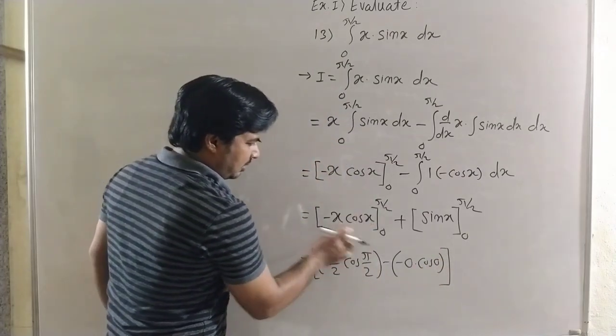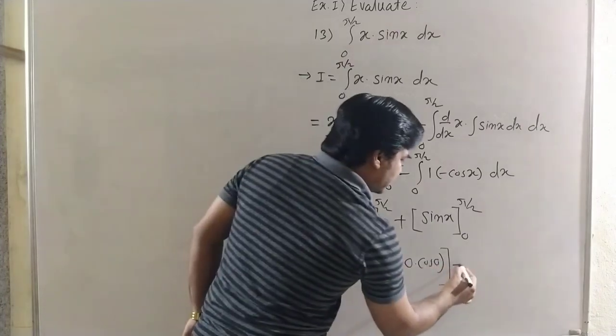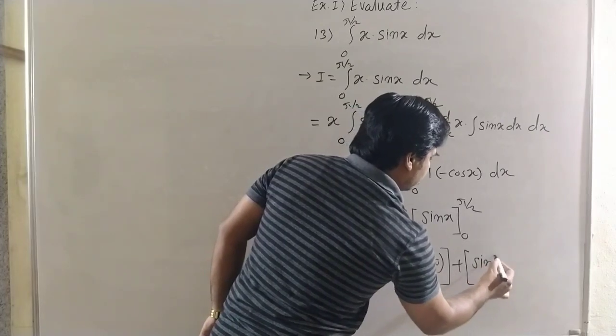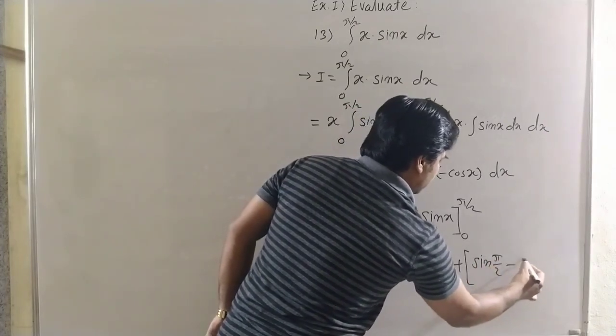First upper limit minus lower limit, plus again here same, upper limit minus lower limit.